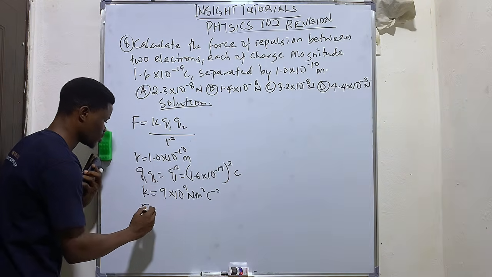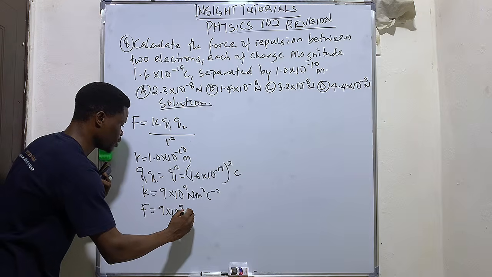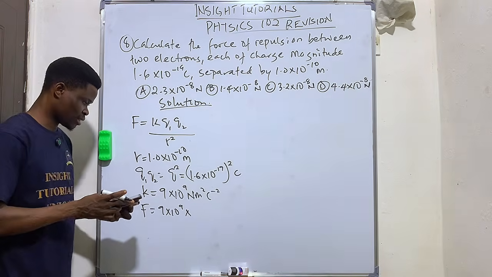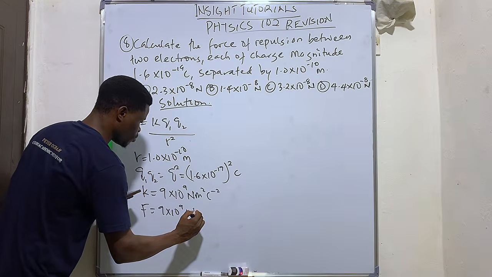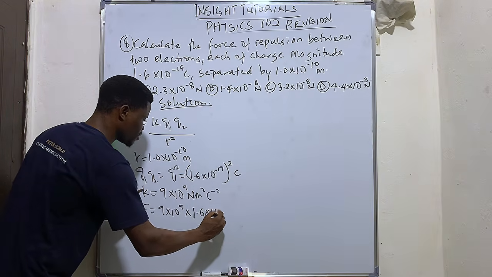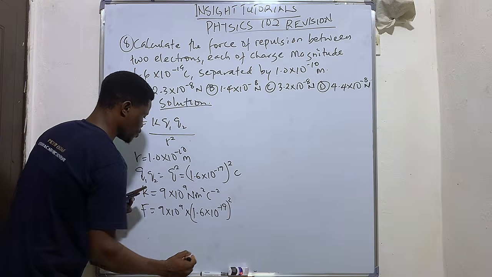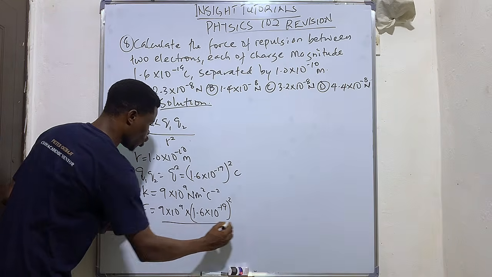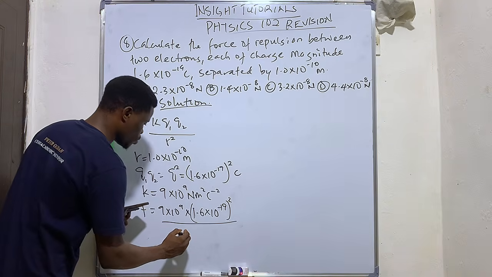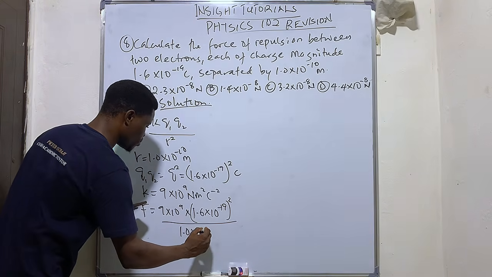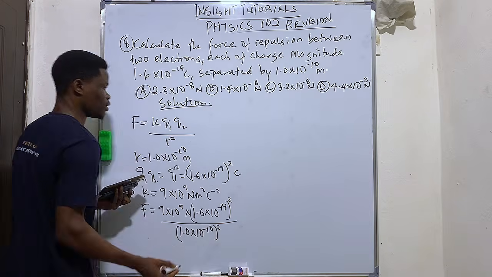Force is given as 9 times 10 raised to the power of 9 times 1.6 times 10 raised to the power of minus 19, all squared, all over our distance, which was given to us as 1.0 times 10 to the power of negative 10, all squared.